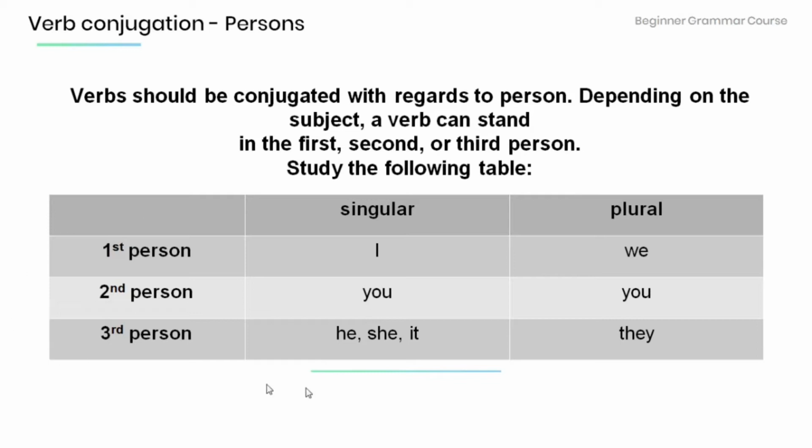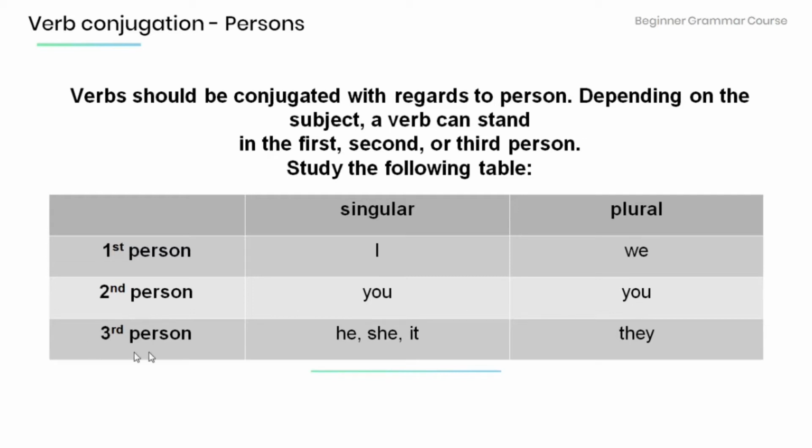Now let's have a look at the table below. When the subject is in the first person and it's singular, we use I. Plural, we. When the subject is in the second person and it's singular, we use you. Plural, you.